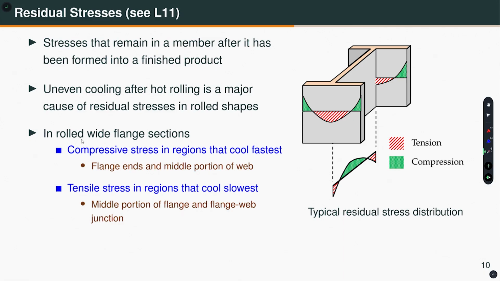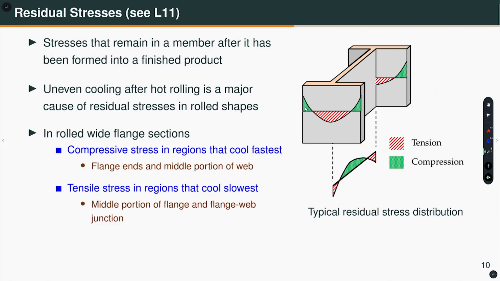Recall from our lecture number 11 that residual stresses in rolled sections are primarily generated due to uneven cooling after hot rolling. The areas that cool fastest, for example, this is an isometric view of a wide flange section or I section, these areas will cool faster after hot rolling.